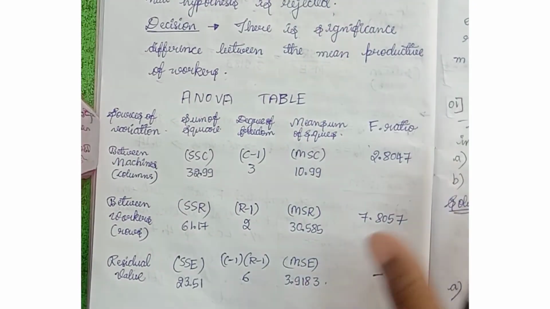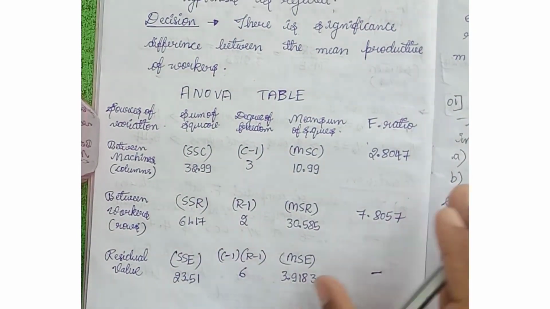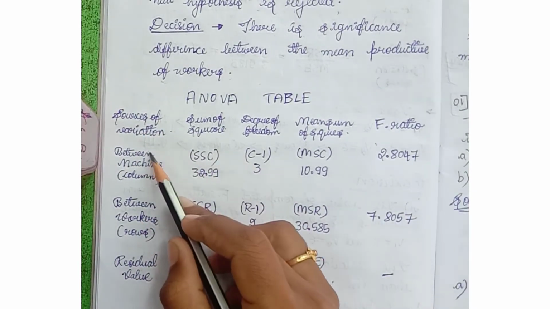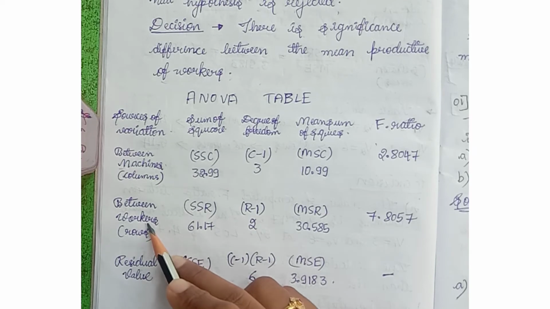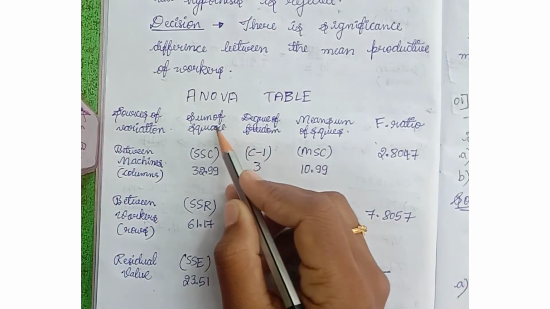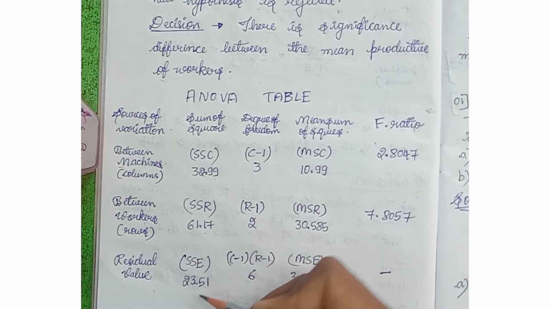Last, we have to present the ANOVA table. We just write all the values we have calculated. Sources of variation: between columns, where columns represent the machines, between rows, where rows represent the workers, and the residual. For sum of squares, the SSC, SSR and SSE values are written here.